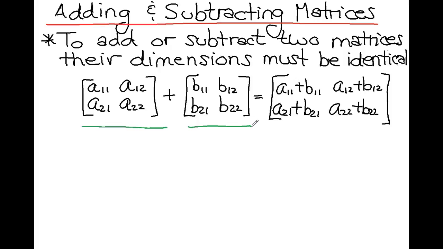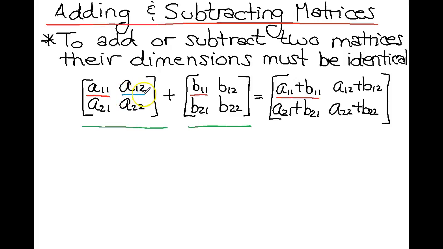So we would add the element that's in row 1, column 1, to the element here, which is also in row 1, column 1, and you would put the result in row 1, column 1 in your answer.